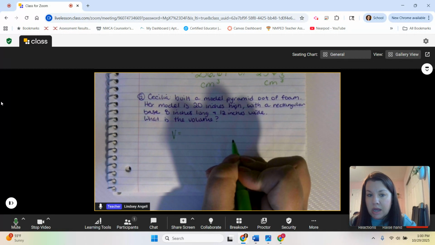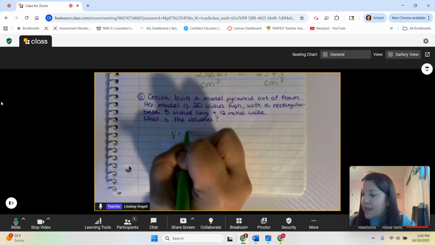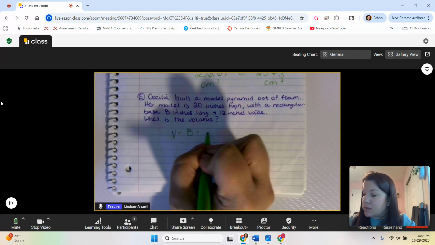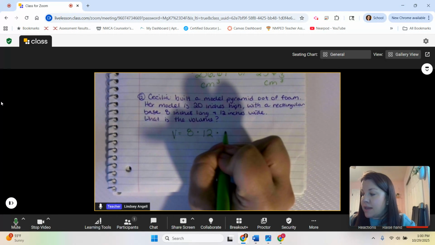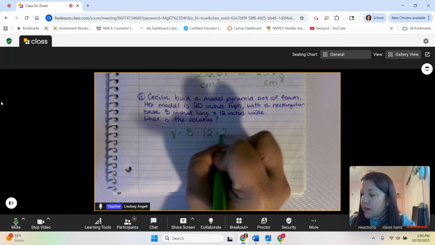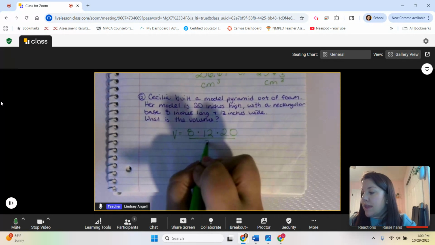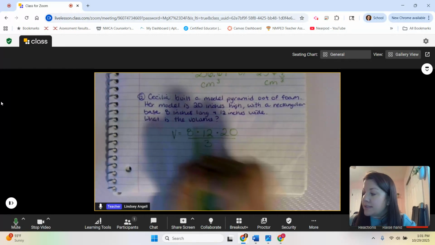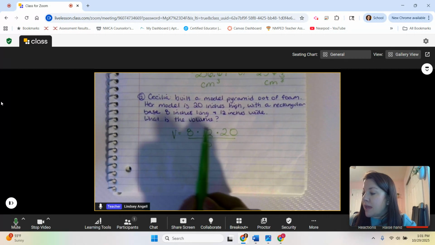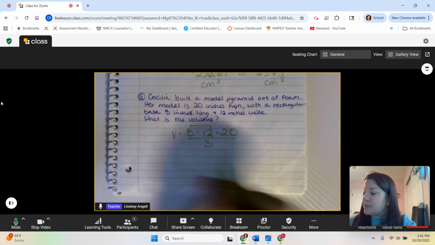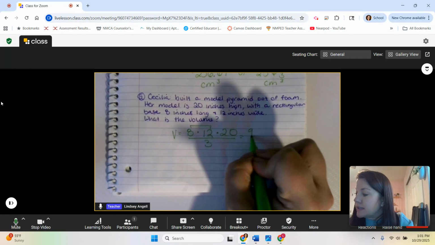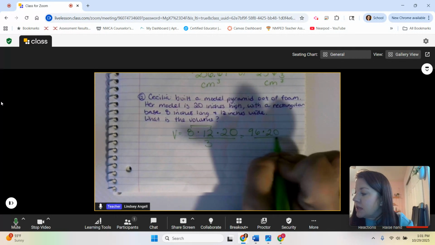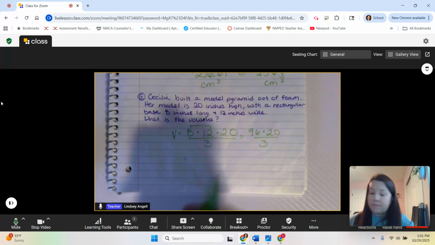So we've got length, which is 8, times 12 wide, and then the height was 20. All of that gets divided by 3. I know that 8 times 12 is 96.